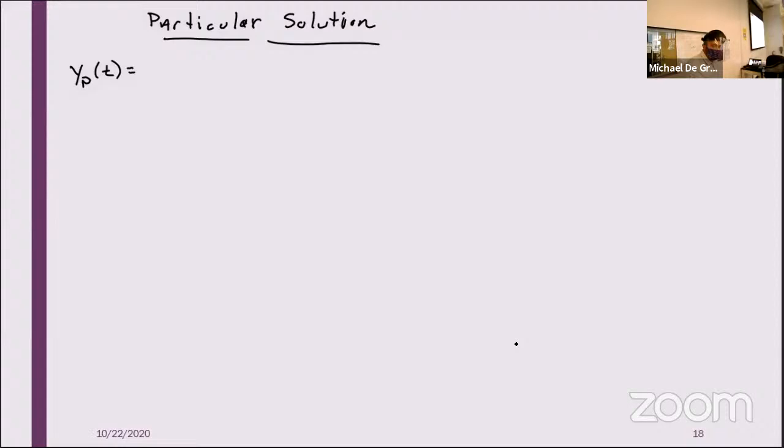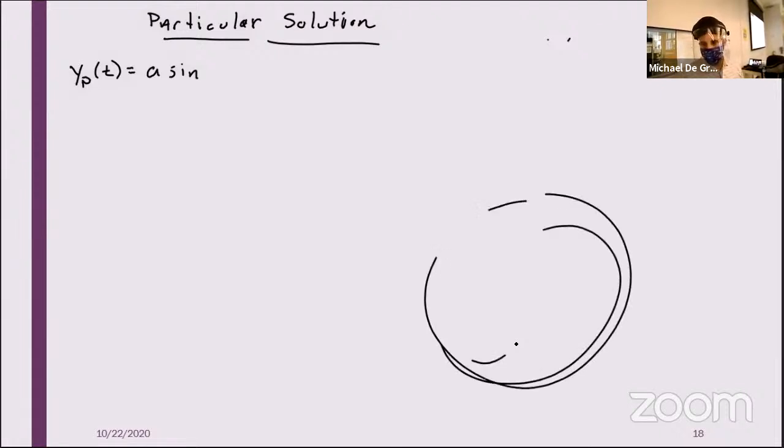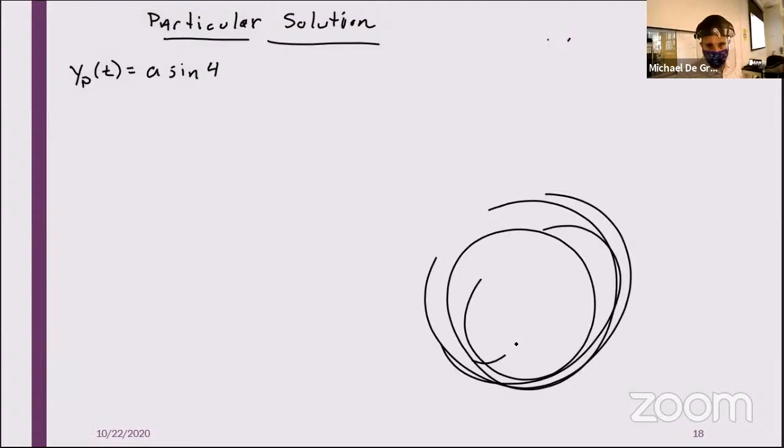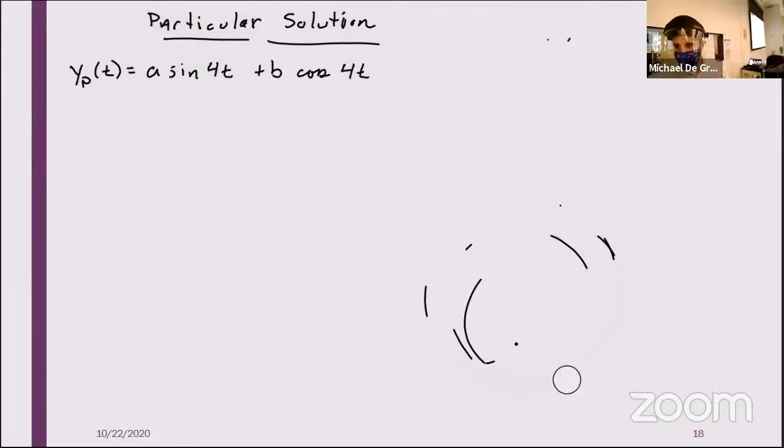All right, I am going to assume that this sine wave can be decomposed, or will produce, this solution form, where A and B are the amplitudes.